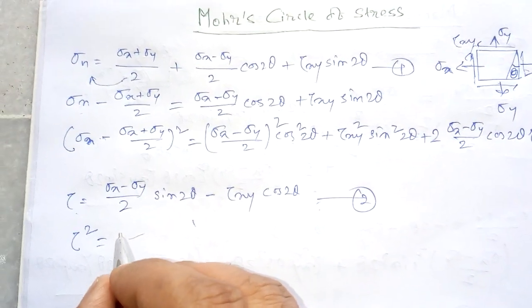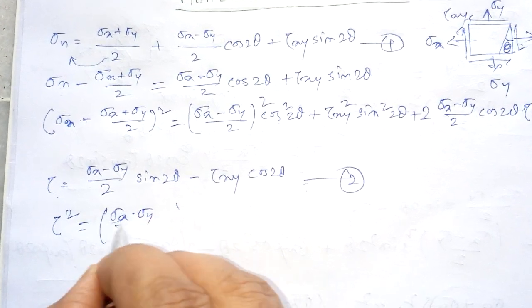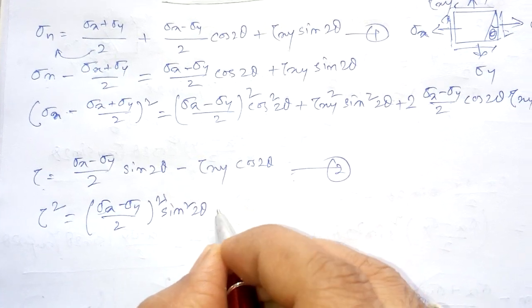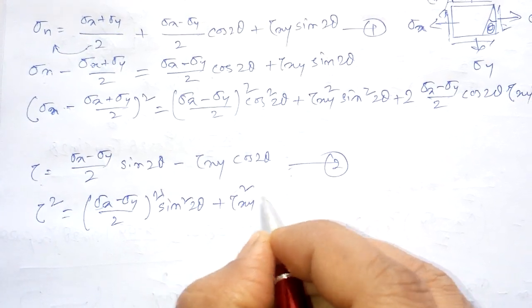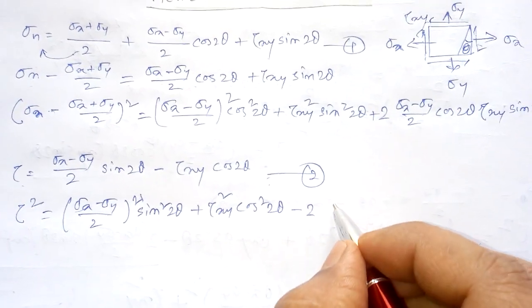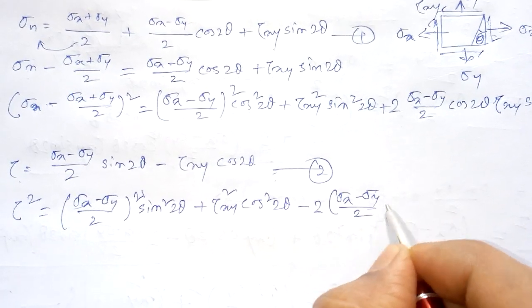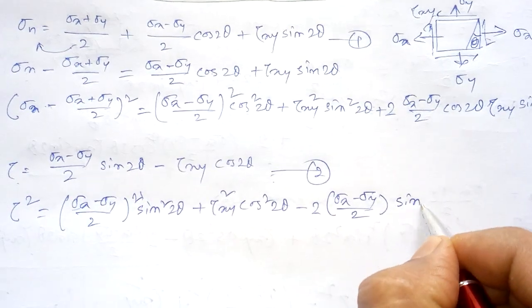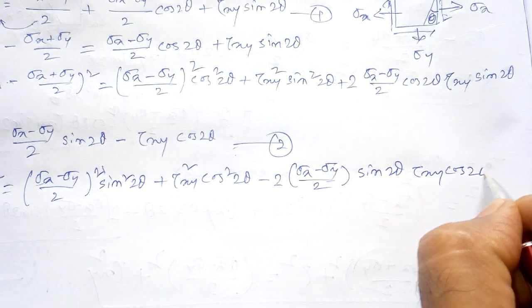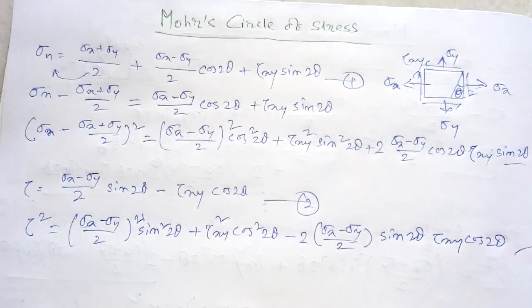If we expand, that will give a square plus b square minus 2ab, that is 2 into (sigma x minus sigma y) by 2 sin 2 theta and tau xy cos 2 theta, right? Now we are getting two equations, this and this, after squaring the initial equations, right?